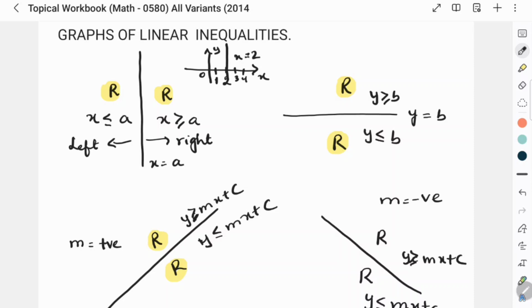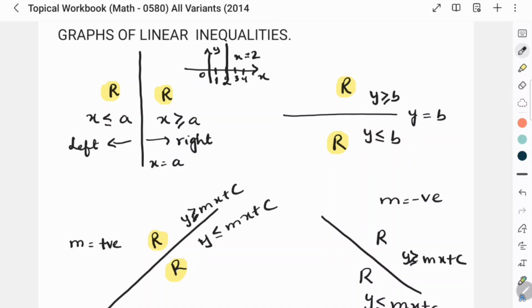Remember, if it's a dotted line, then we don't put the equal sign. We just write x is greater than a and x is less than a. A is any number.